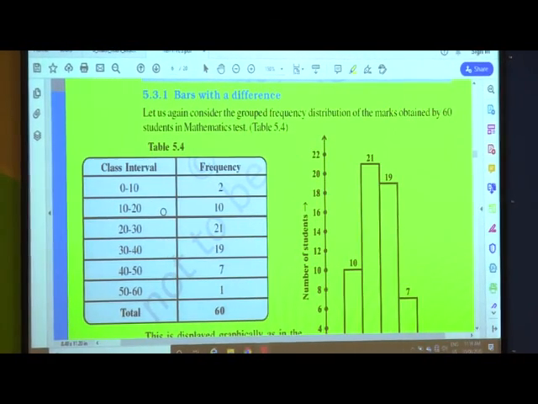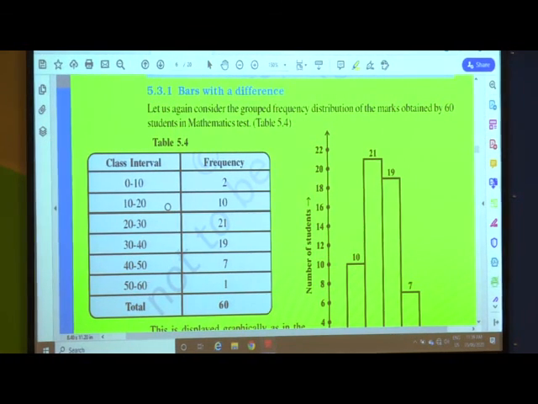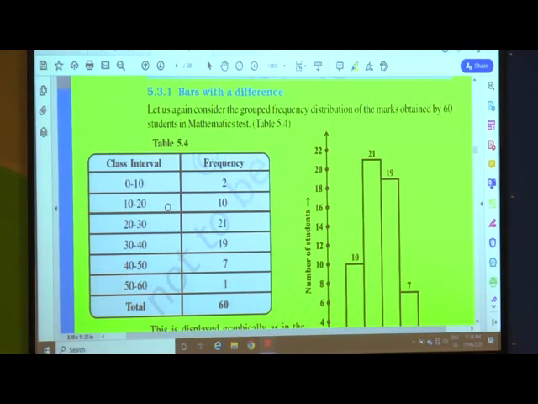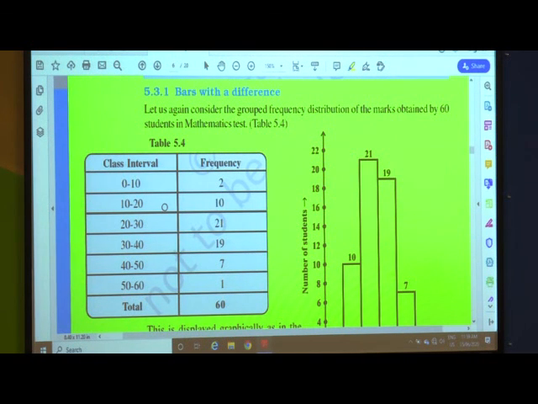Bars with a difference. Let us consider the grouped frequency distribution of the marks obtained by 60 students in a mathematics test. This is the frequency distribution of marks obtained by 60 students.